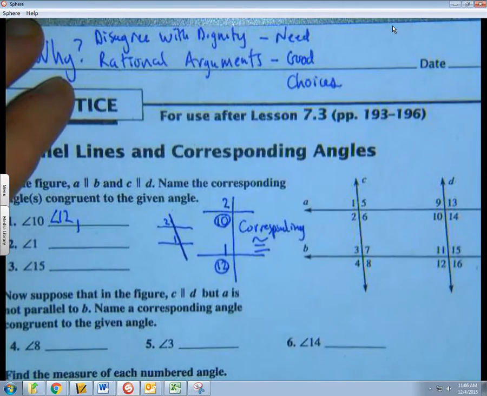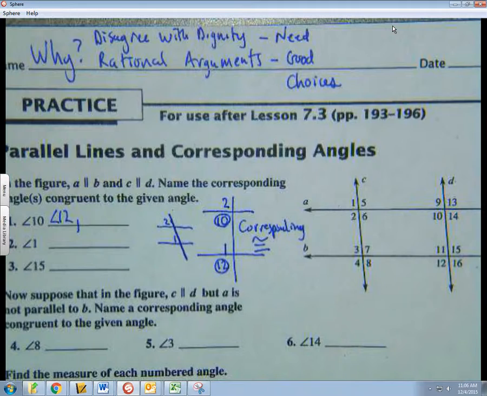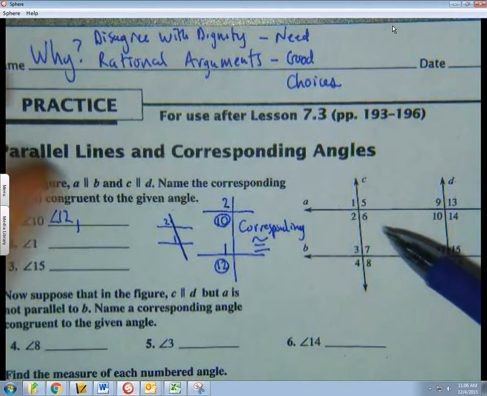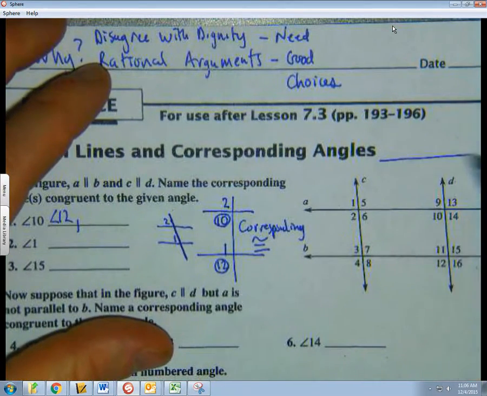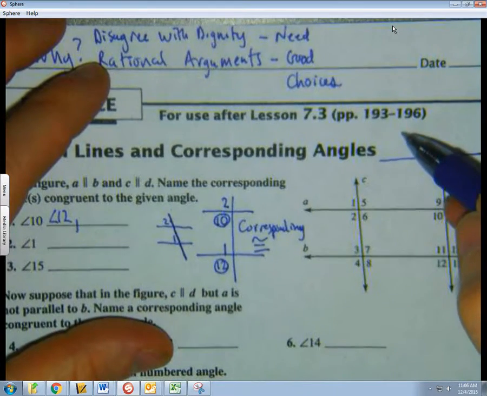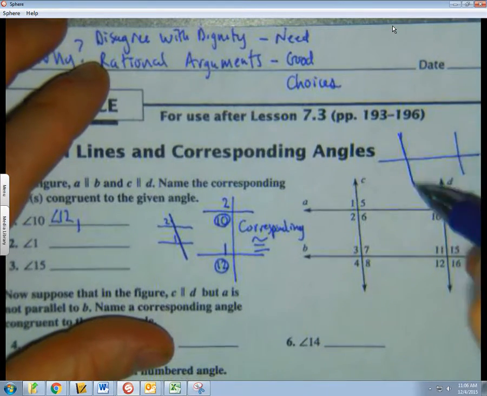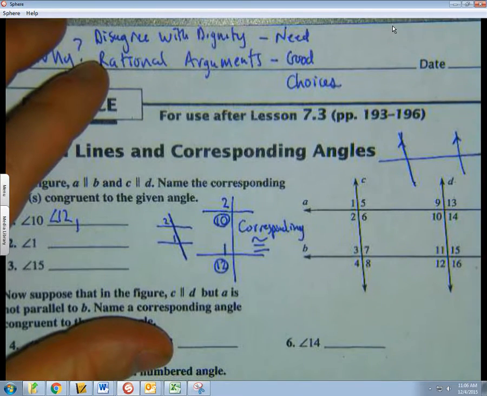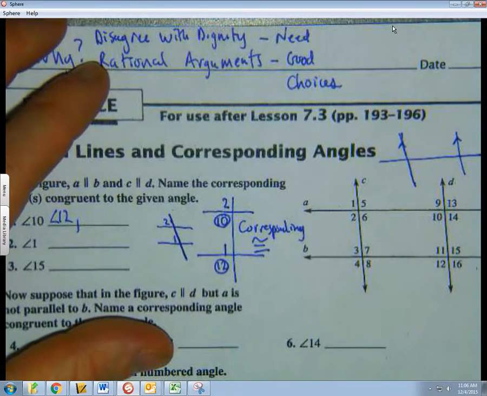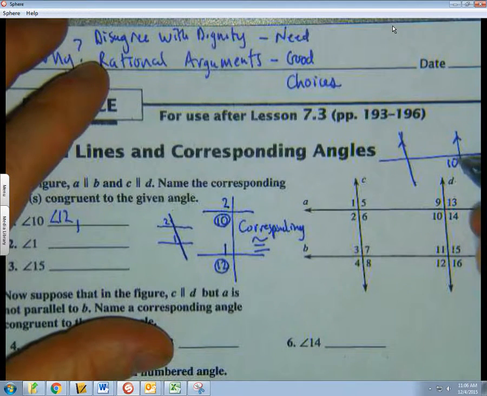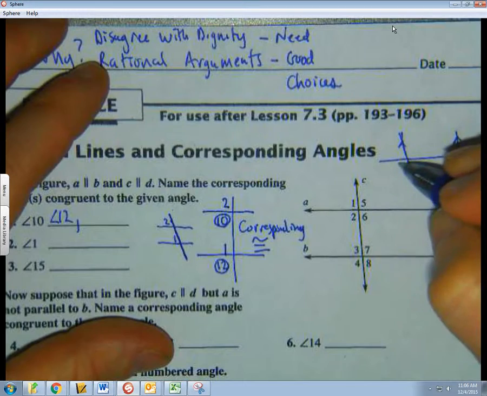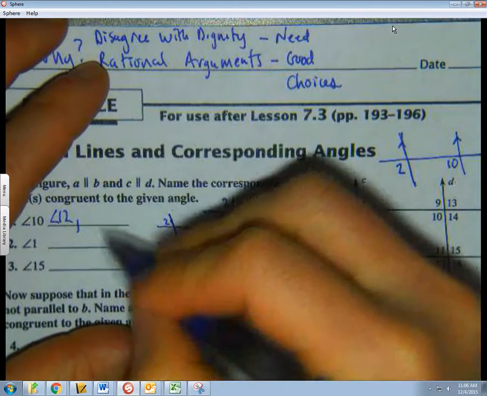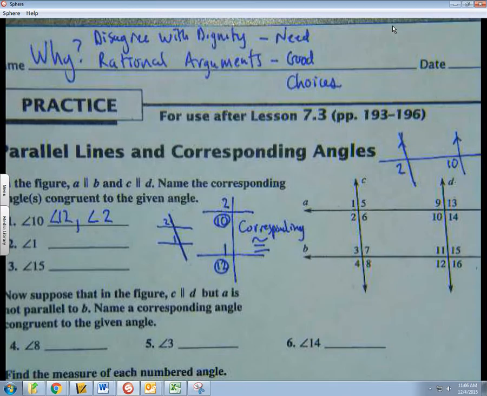And then corresponding to 10 up here, those are parallel. I want one inside, one outside on the same side, 10 and 2. All right. So that is that.